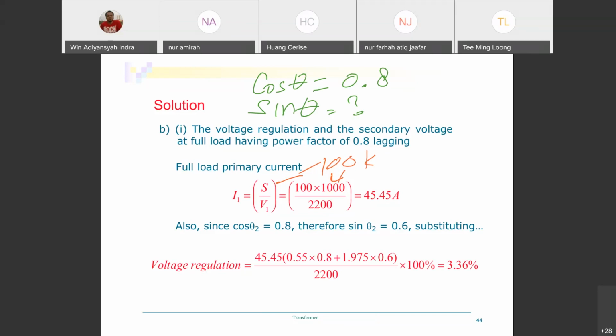Just use Pythagoras law. This is equal to 8 over 10, right? So cos 8 is this one, 10 is this one. This is 10. Is it? So this one, according to Pythagoras law, 100 minus 8 to the power of 2, 64.